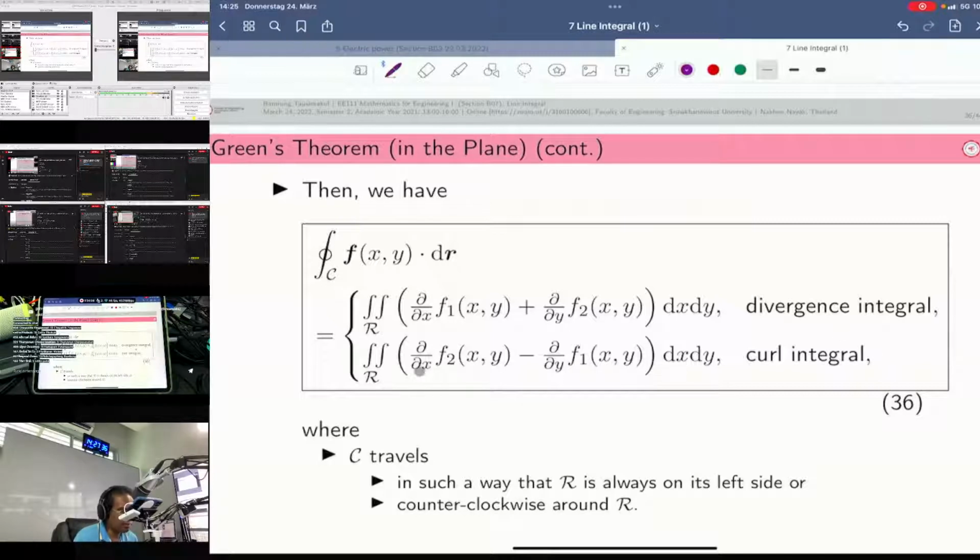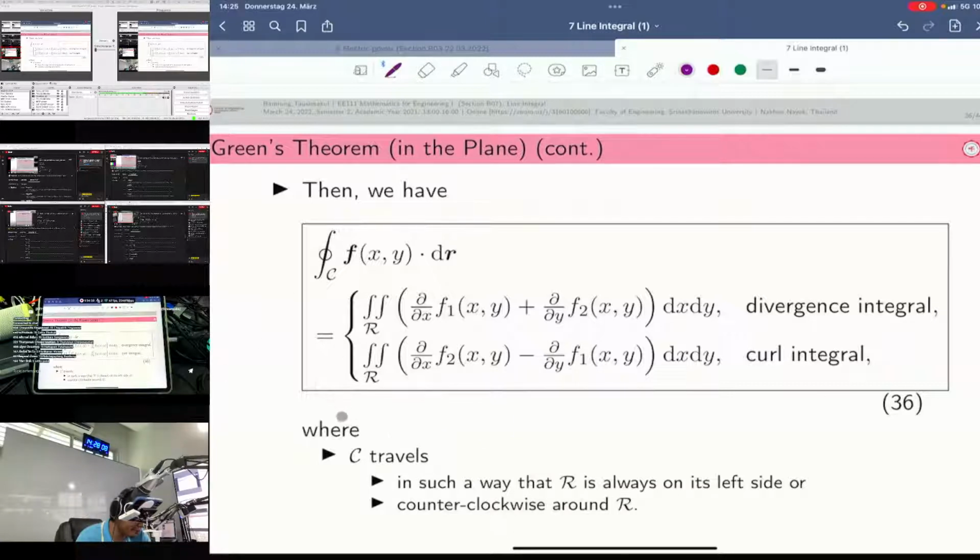But many people would rather use the curl integral: the derivative of f2 with respect to x, and negative derivative of f1 with respect to y. That's the curl integral. Both will give you the same answer, but whatever form you use, you will end up with the same result, the same solution.